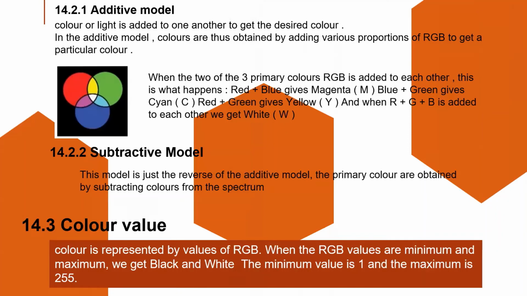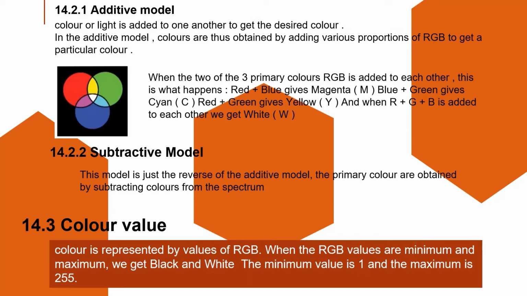First, the additive model. Color or light is added to one another to get the desired color. In the additive model, colors are thus obtained by adding various proportions of red, green, and blue to get a particular color.